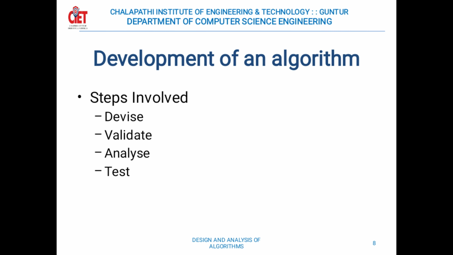After that, analyze the performance of the algorithm. It is also called the analysis phase. After that, we implement the algorithm in any programming language and measure or test its performance. It is called the testing phase. Now we are going to discuss these phases in a clear way.